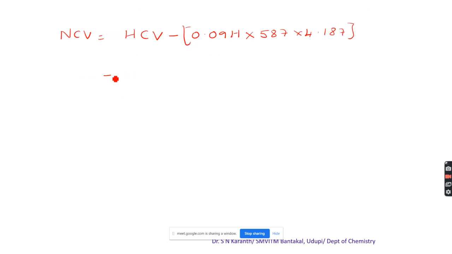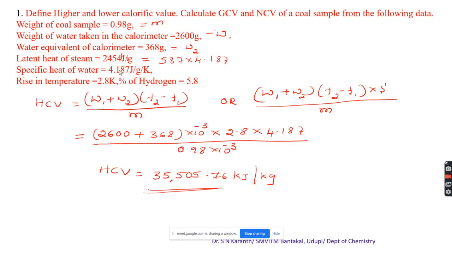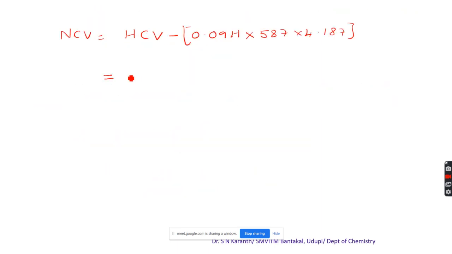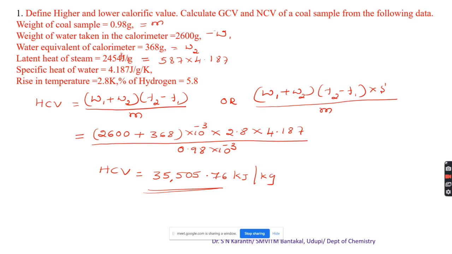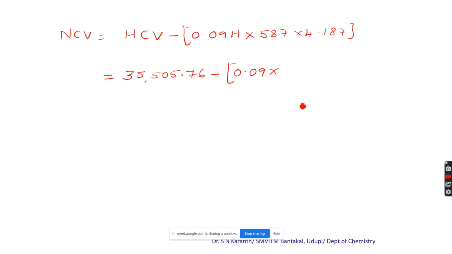The higher calorific value we get is 35,505.76, minus 0.09 into, what is the percentage of hydrogen present here? 5.8%. I'll take 5.8, because it is already divided by 100.